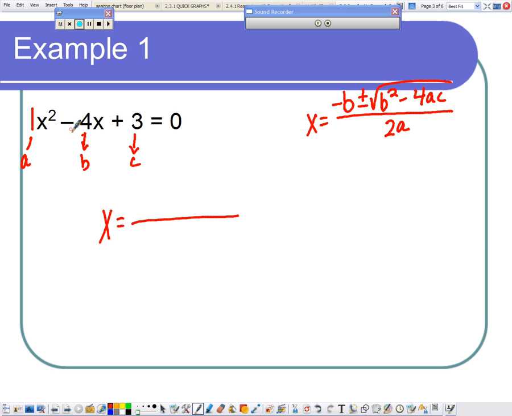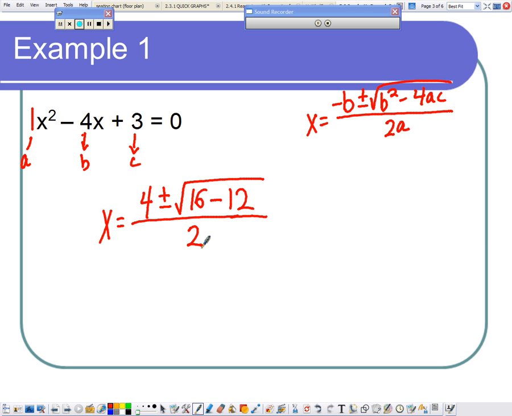So b is negative 4, so I've got to turn it to its opposite and get a positive 4. It's plus or minus square root of b, which is negative 4, so when you take negative 4 and square it, you get 16 minus 4 times 1, which gives you 4, times 3, which is 12. Okay? So remember, 4 times 1 times 3. And then the bottom is just 2 times 1, which is 2.